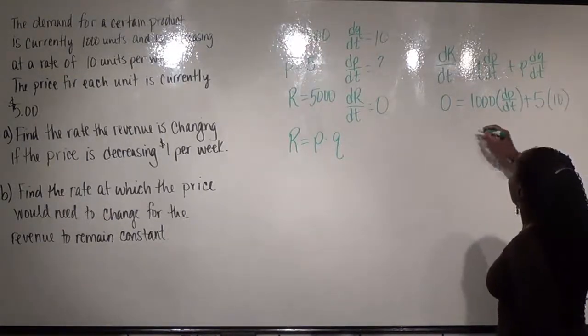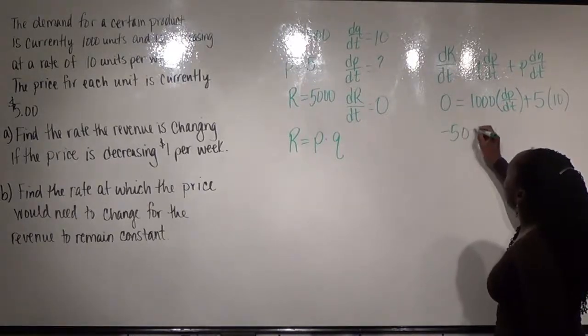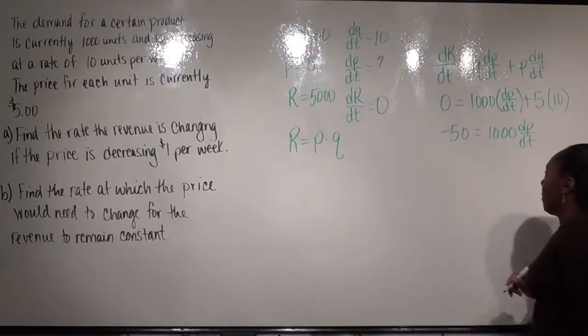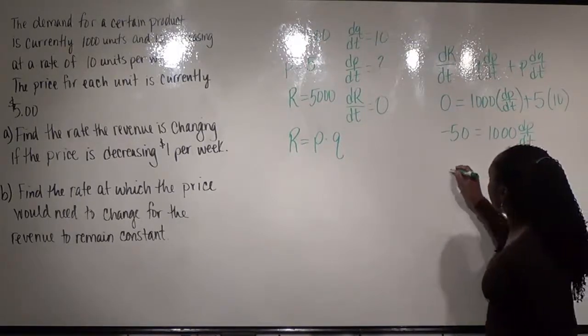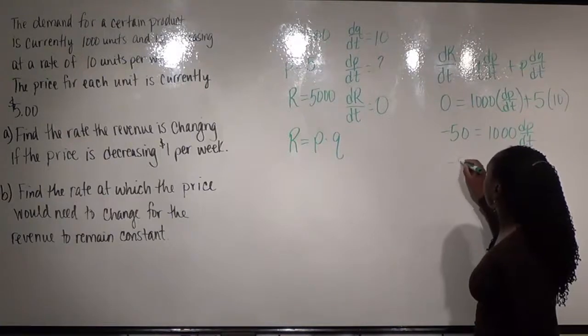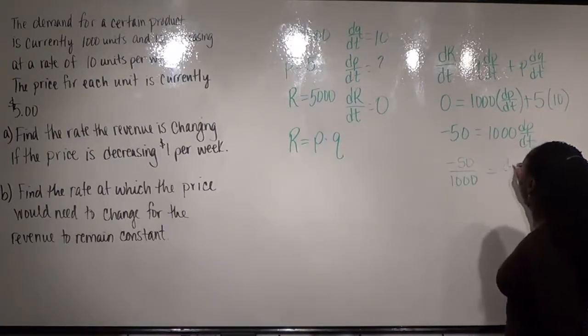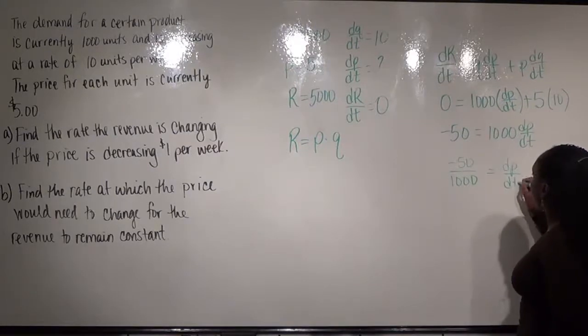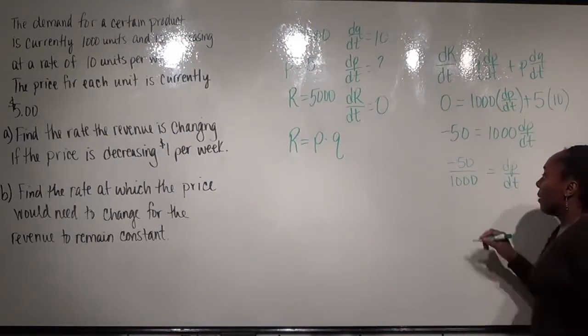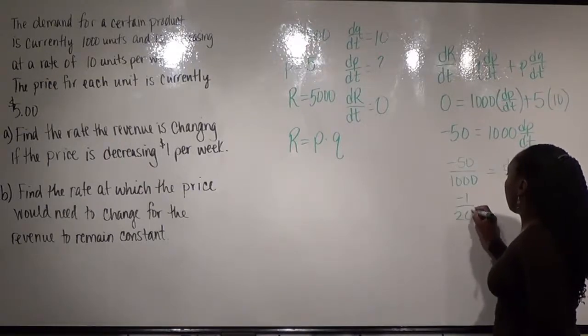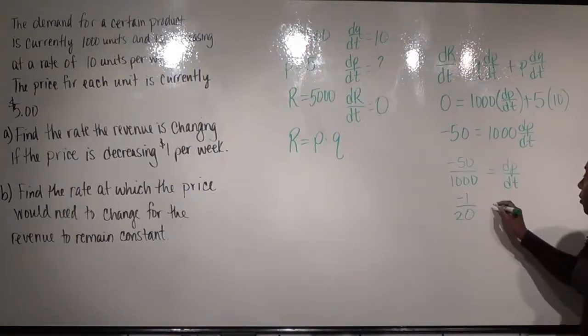So -50 equals 1,000 dP/dt. We'll go ahead and divide out, and it looks like -1/20.